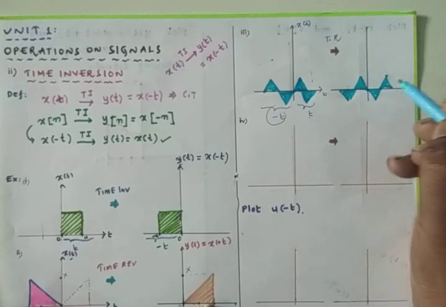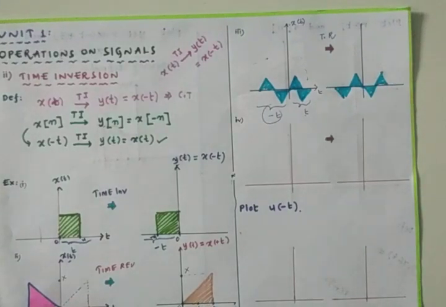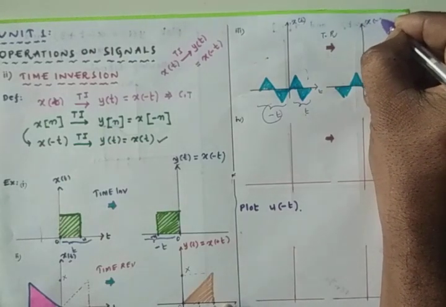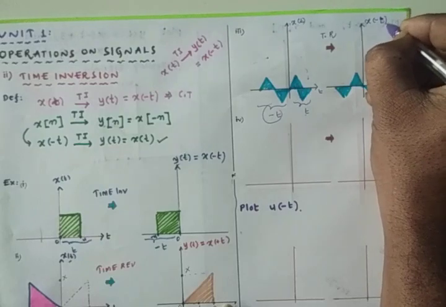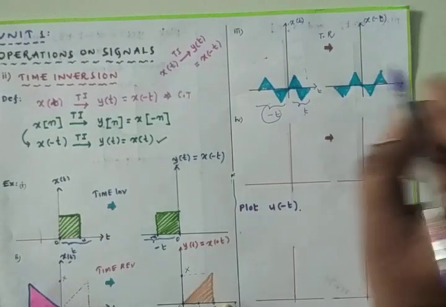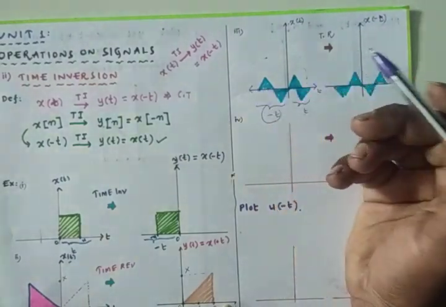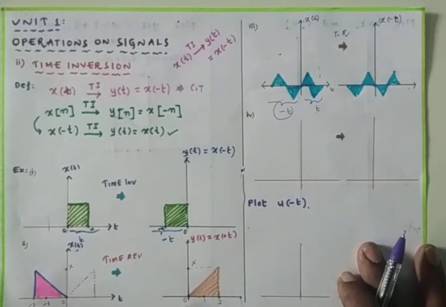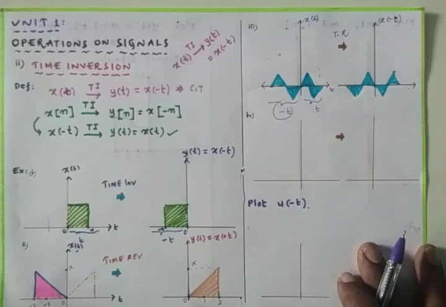And this is nothing but a time reversal operation applied on one particular signal. This signal is x of minus t. X of minus t is simply a reflection signal, a mirror image of an existing signal. This operation is also named time reversal operation, folding operation, reflection operation, and time inversion operation.